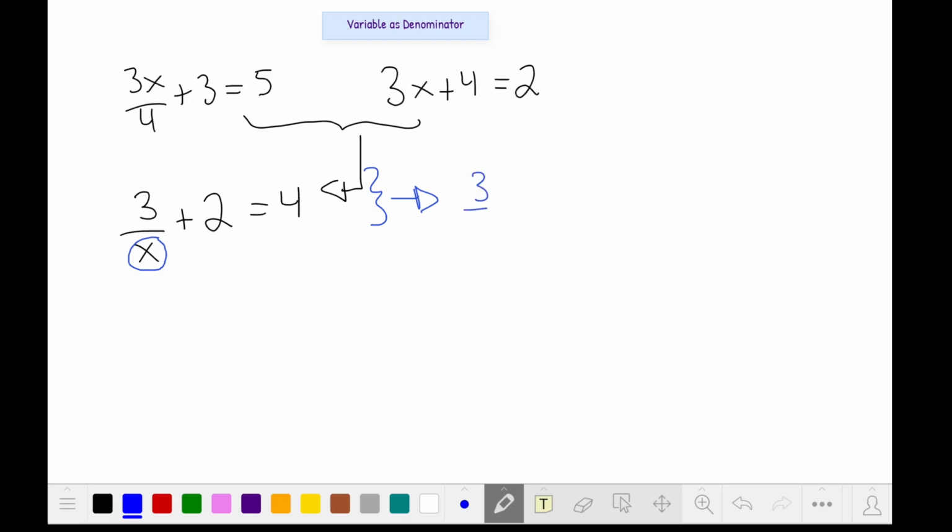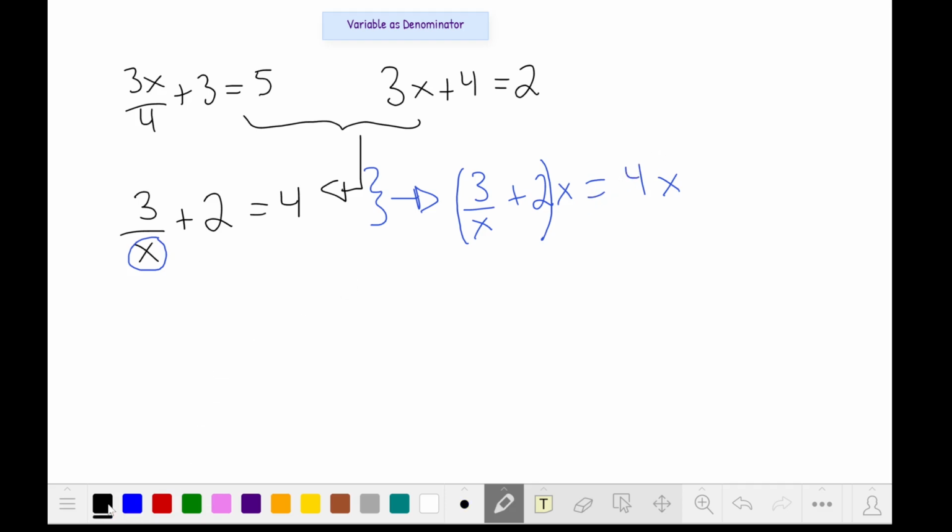So I'm going to have 3 divided by x plus 2 equals 4, and I'm going to take the entire left-hand side, multiply by x, take the entire right-hand side, multiply by x. Because remember, whenever we're moving things around from one side of an equation to the other, what we're actually doing is we're operating on the entire left-hand side and the entire right-hand side, so we can keep everything nice and fair.